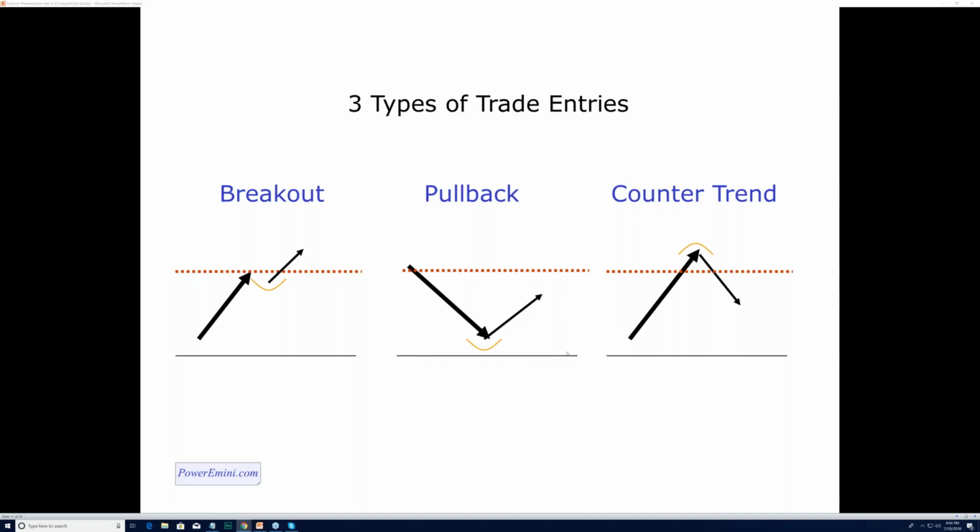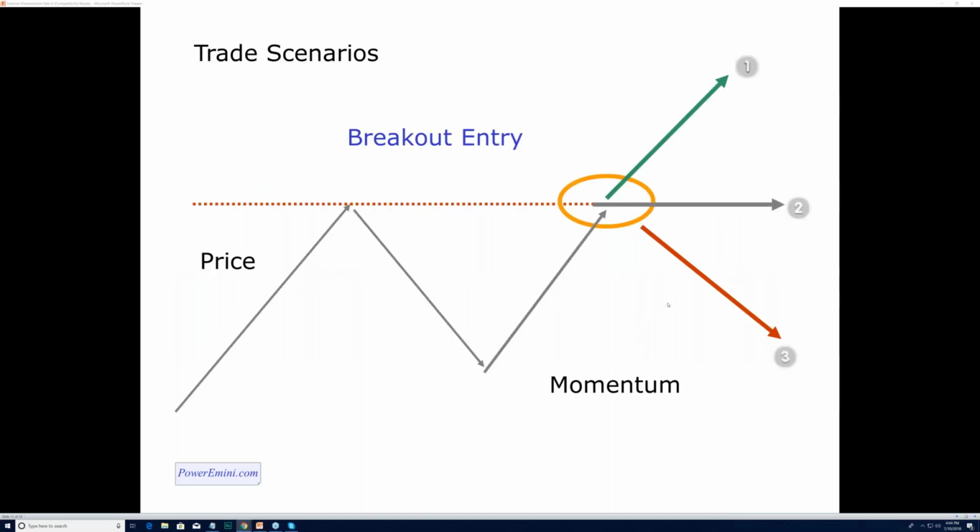So the question would be, which one's better than the other? And I mentioned early on that breakouts get kind of a bad rap. As a matter of fact, I used to shy away from breakout entries as well, because I always heard, yeah, they just don't work out. Most of them fail. And so it turns out that, let's go ahead and analyze each one of these now.